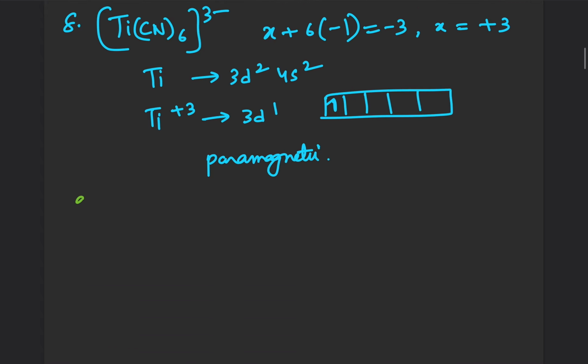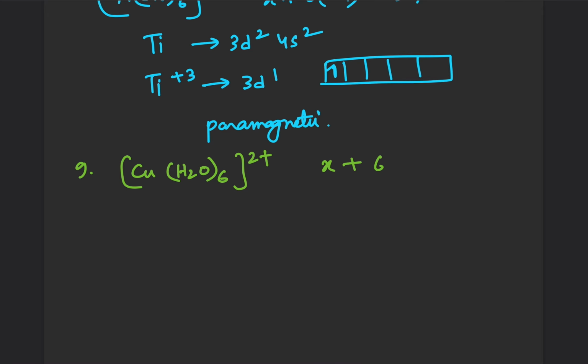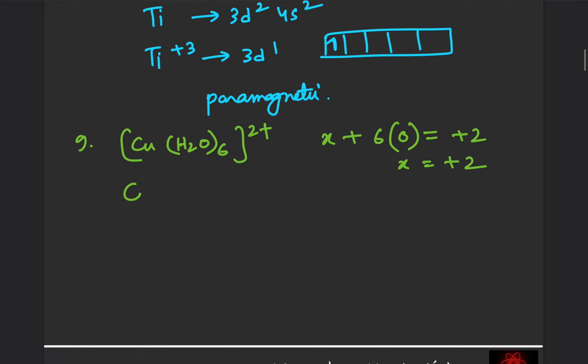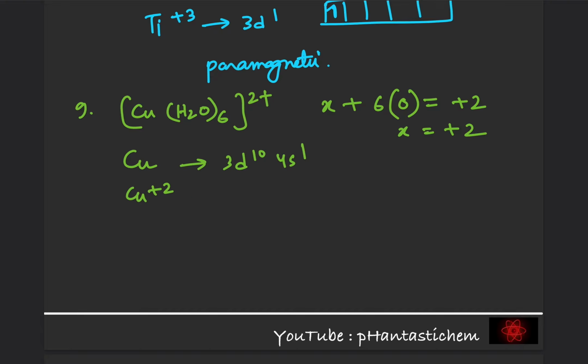And the next one, the ninth one, is [Cu(H2O)6]2+. So x plus 6 into the charge on H2O, which is 0, is going to be +2. So x is +2. The configuration of copper is 3d10 4s1, so the configuration of Cu2+ will be 3d9.